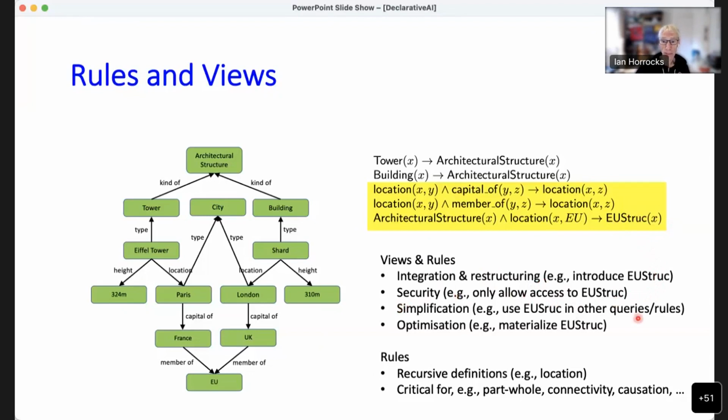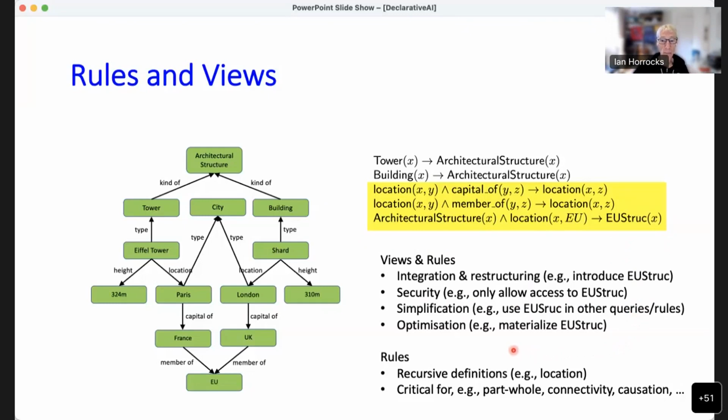I can use it for simplification, so I can reuse this EU structure in future queries to save me having to write out the whole body, all of this lot in the query, so make queries simpler. And I can use it for optimization, and I'll come back to this in a bit when we talk about how to implement knowledge graph systems. I can use it, for example, by materializing EU structure into the graph so that I don't need to compute that at query time.